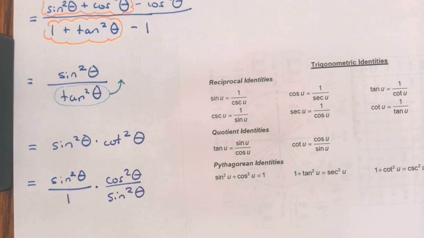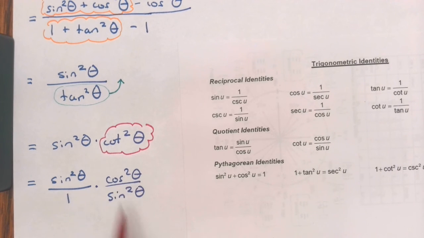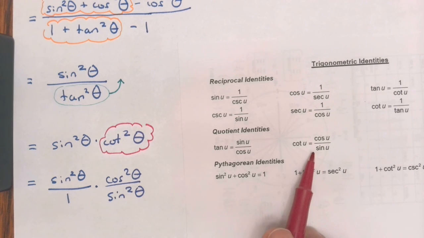So again, I'm taking a look at the cotangent here and using some substitution. I'm going to rewrite that as the cosine squared over the sine squared. That's what this fraction became using that identity.